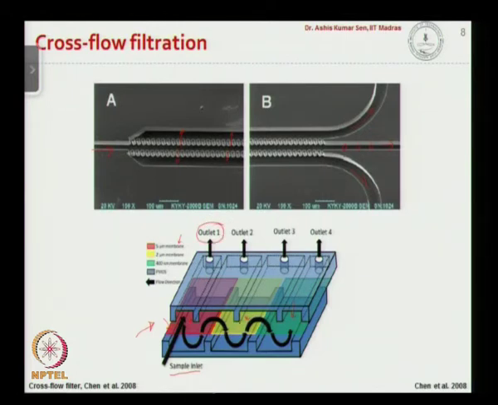Similarly, next it will go to the 2 micron membrane, then particles of size less than 2 micron will come up, and the particles larger than 2 micron will come in outlet 2. Similarly here, in the third membrane, the particles of less than 400 nanometer will come here, and the particles larger than 400 nanometer will come out in outlet 4. So that is how we will be able to separate different size particles in a sample using cross flow filtration.